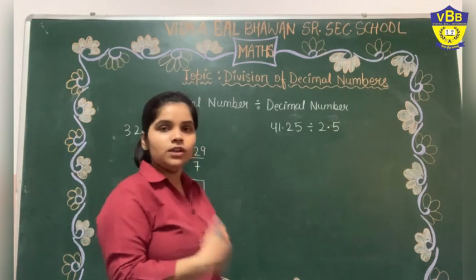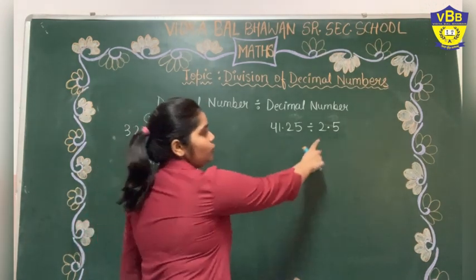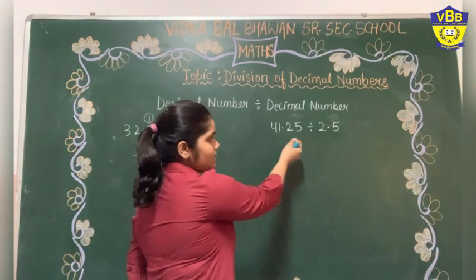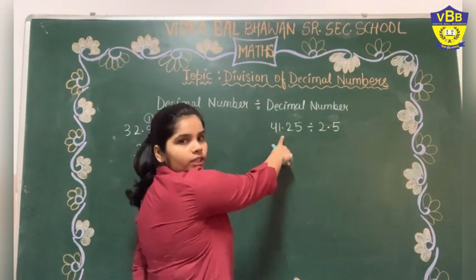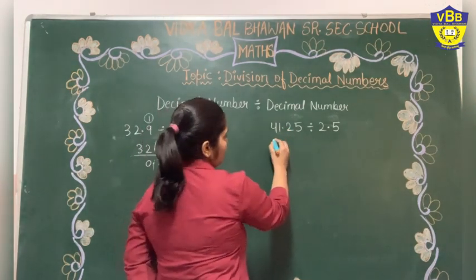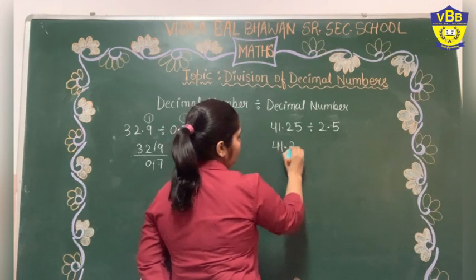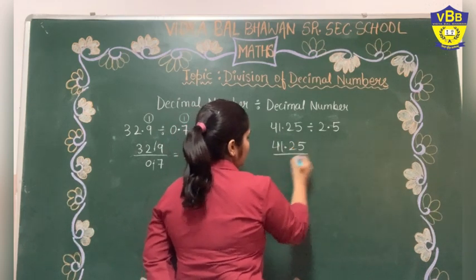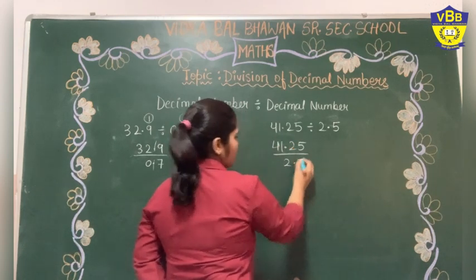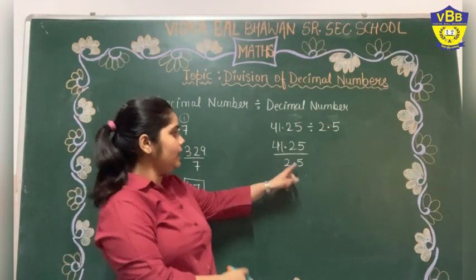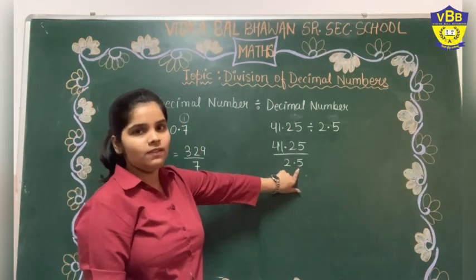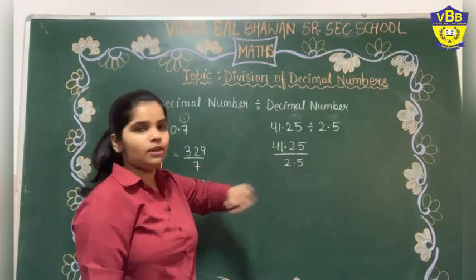So first we will make 2.5 a like decimal with 41.25.